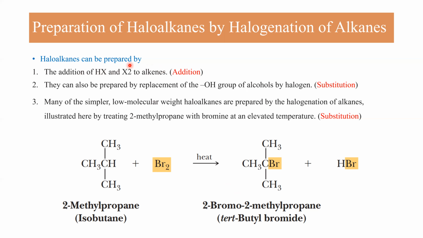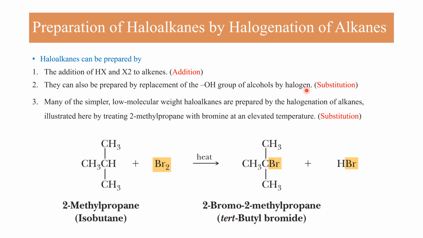Or if we are treating with Cl2 or Br2, and if we are using it in a high amount and high moles, then we can go for the di-substituted alkyl halides even. The second method we can prepare is by the replacement of an OH group of the alcohol by halogen.